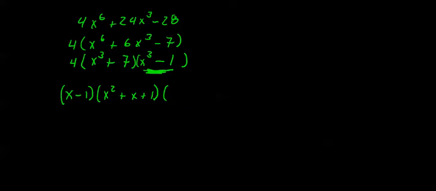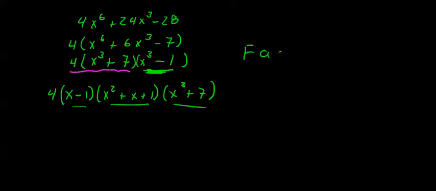Times, and I need to include these other two factors, so we have times x cubed plus 7, and the 4 goes in front. The order that this is written in doesn't matter. These three factors can be written in any order, but the 4 needs to be in front. Key here is remember always to factor completely.